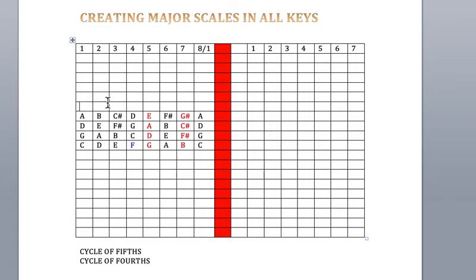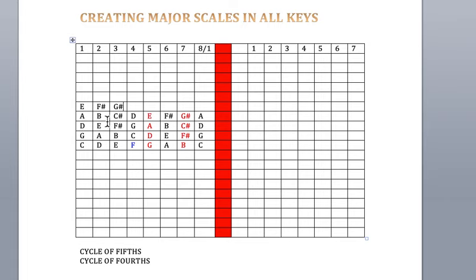E is the next one, E, then F sharp, and G sharp. We're picking all the notes from the previous scale. G sharp, A, B, C was already sharp, C, D, E. You can see that.